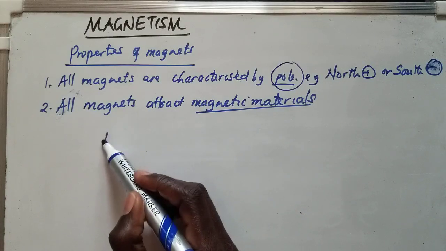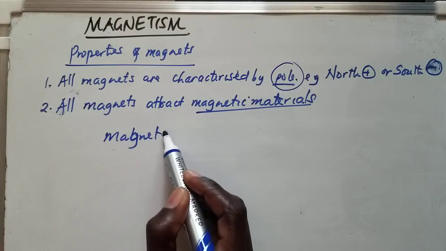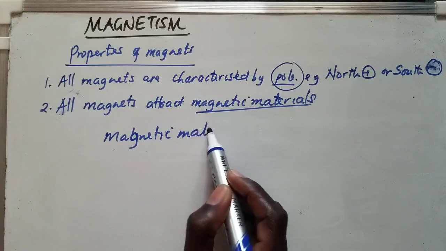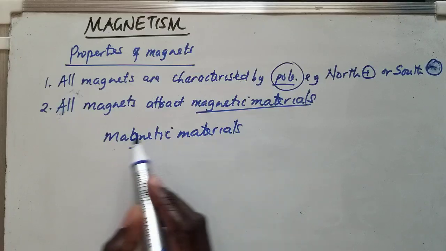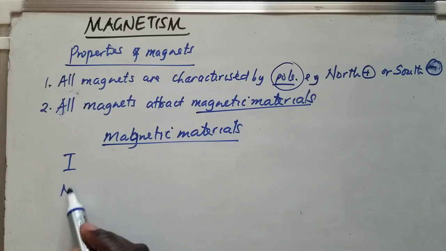And in the exam they are going to ask you to give examples of magnetic materials, so it is very important that you know some examples. People confuse them, but I want you to remember this.